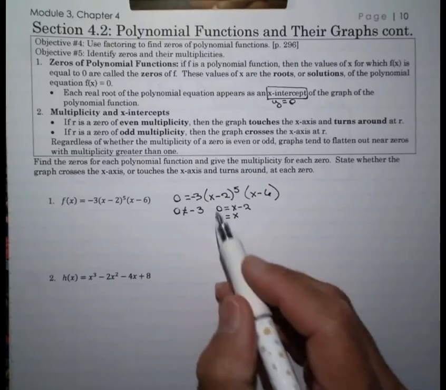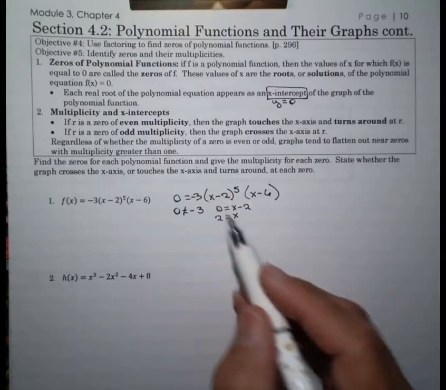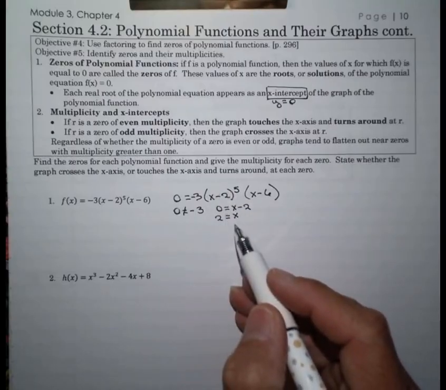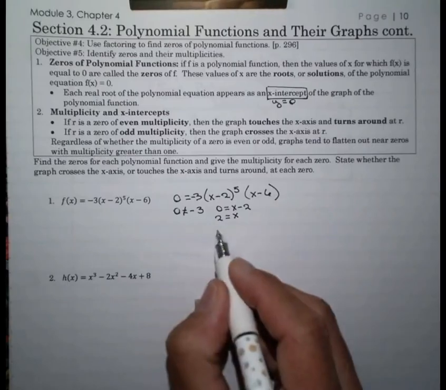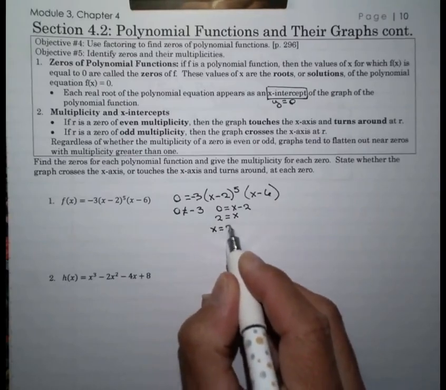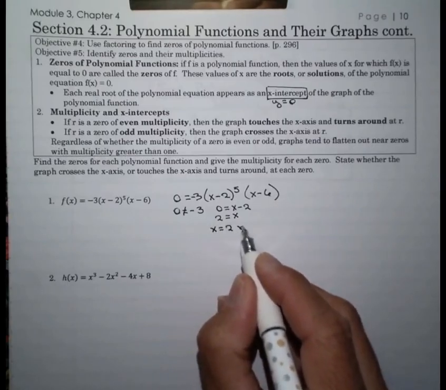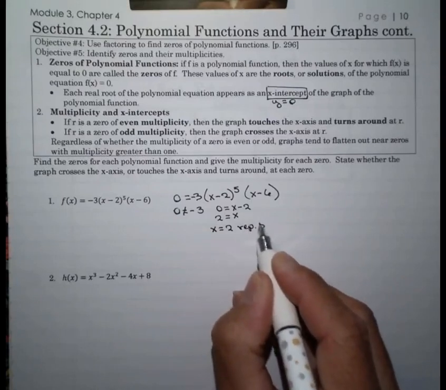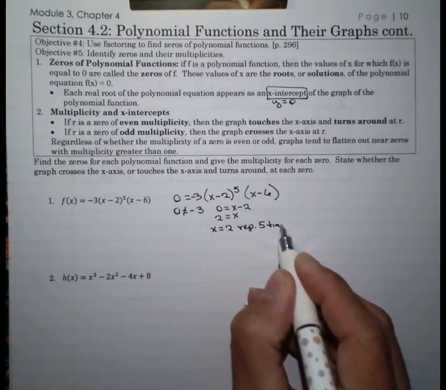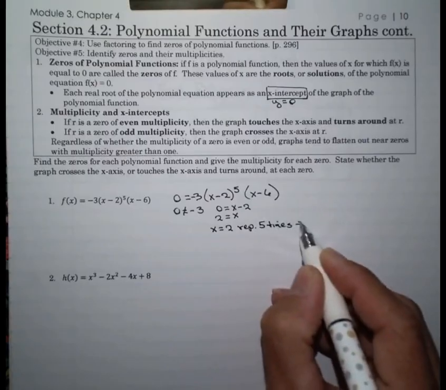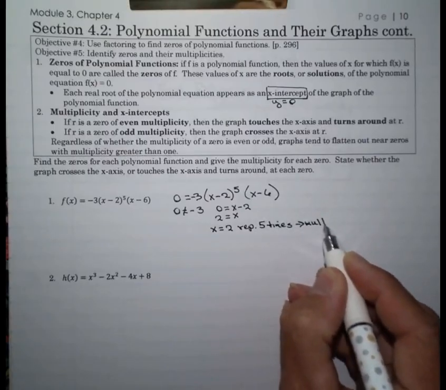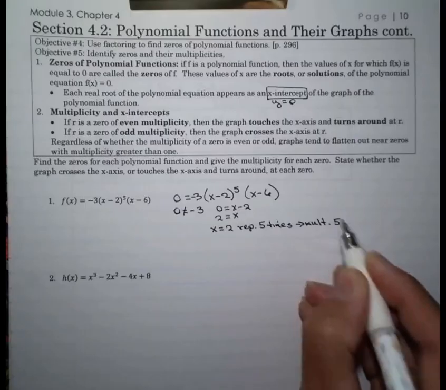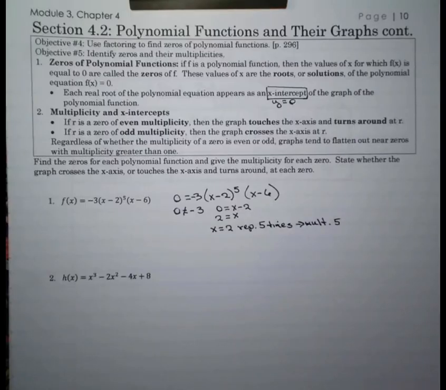I don't need to solve this equation 5 times to see that it's going to come out the same, x equals 2 each time. So I'm going to say one of my zeros is x equals 2, and it is repeated 5 times. So what do I say? I say it has a multiplicity of 5. X equals 2 has a multiplicity of 5.